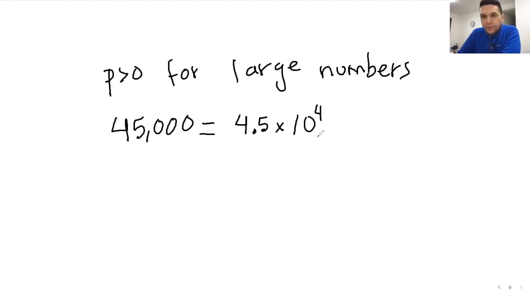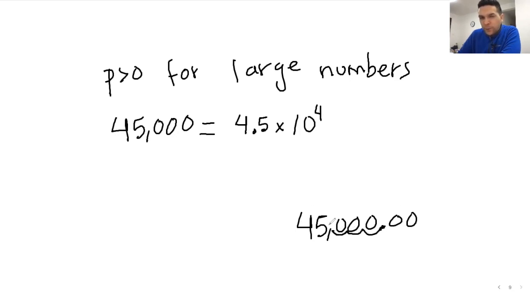And how do I figure this out? I have my decimal point here. Let me show you. This is a good way to visualize it. This is my decimal point, right? 45,000, decimal point here. So if I want to write it as 4.5, I need to move the decimal. So I check to see how many decimal places I have to move it to have a number between 1 and 10. So 1, 2, 3.